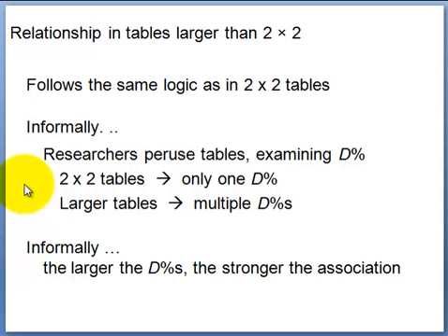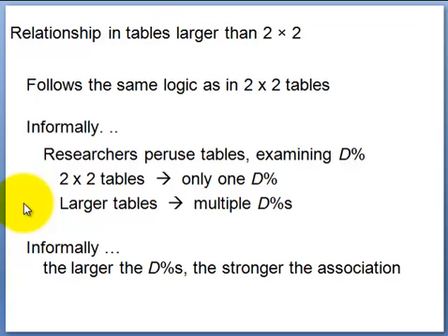So 2 by 2 tables have several different ways that you could look at the difference in percentages. For instance, you could compare the percentages in the top row or in the bottom row, or you could subtract one percentage from the other or the other from the first. But in essence, a 2 by 2 table is going to generate for you only a single difference in percentages.